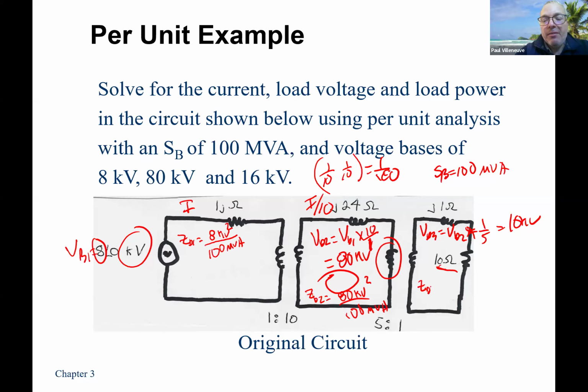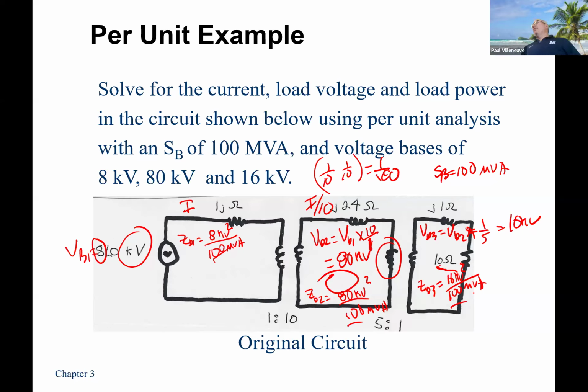And ZB3 is equal to 16 kV squared divided by 100 MVA. All right, so I just calculated those three values based on my one system base. And you'll notice it's one system base because these all stay the same. They're all 100 MVA. There's no change in those S-base values. But my V bases went up and down, so I had to calculate different Z bases.